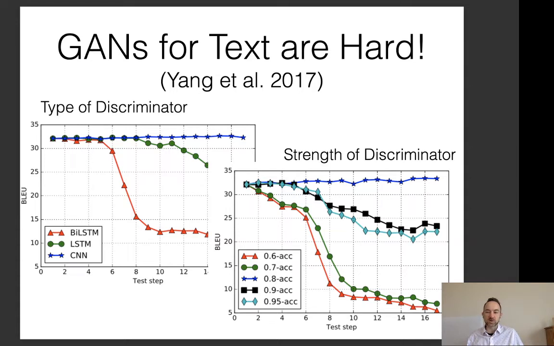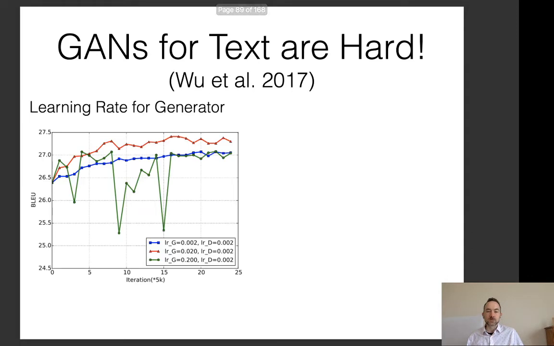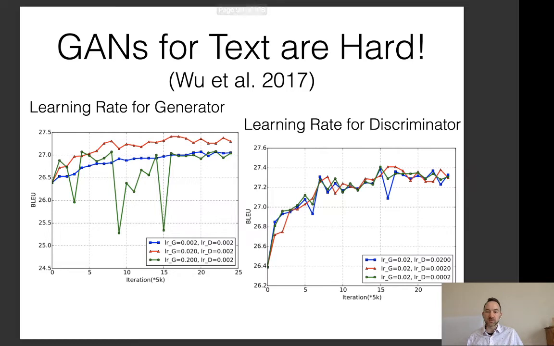If you get the parameters just right, you can train it well. If you don't get the parameters right, it becomes more difficult. So this is something to be aware of and to look back at the literature if you're going to be using these methods. Here's another example with the learning rate for the generator versus the discriminator. So you can see these are relatively sensitive to some hyperparameters.